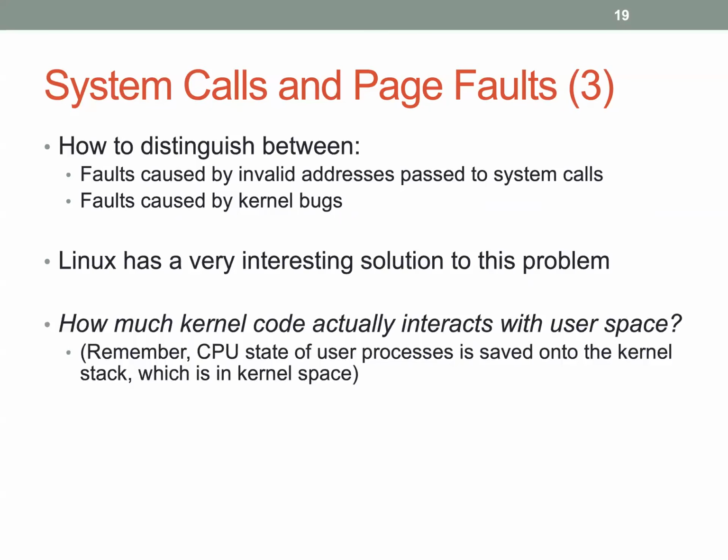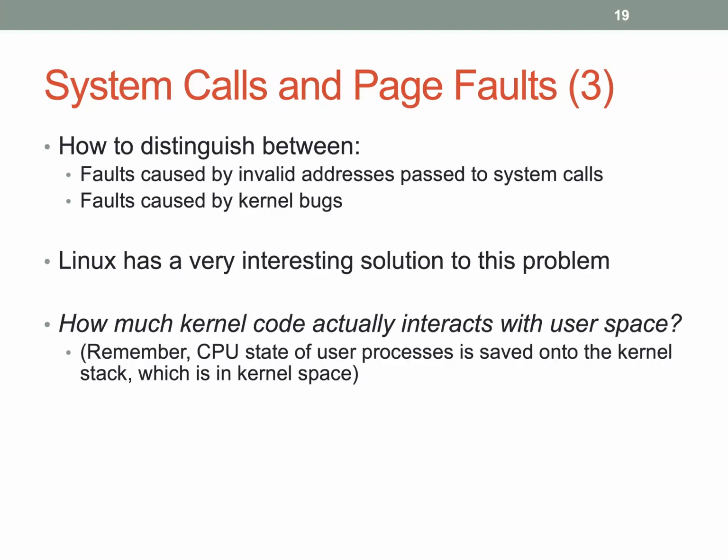Because the important question to ask is how much kernel code actually accesses user space. Most of the time, the kernel is accessing kernel data structures. The kernel is accessing stuff on the kernel stack, which, yes, the CPU put there from the user program, but it's now in kernel space.